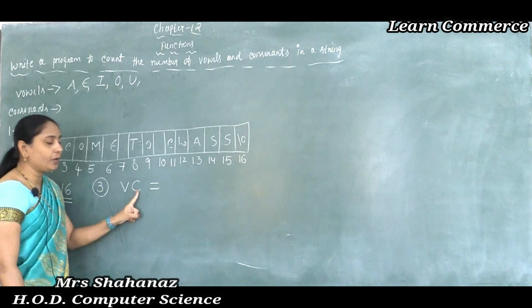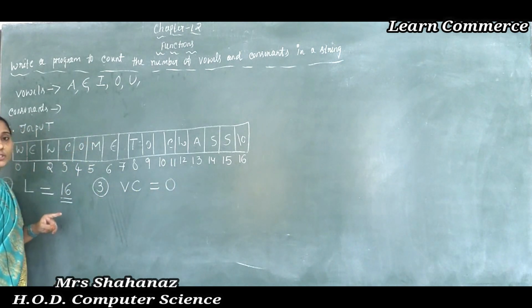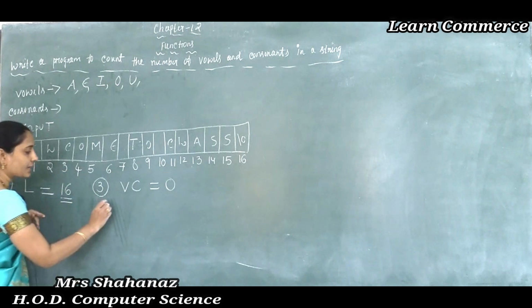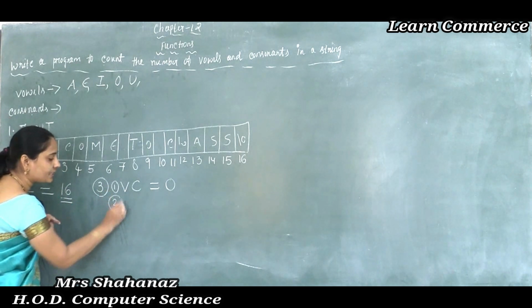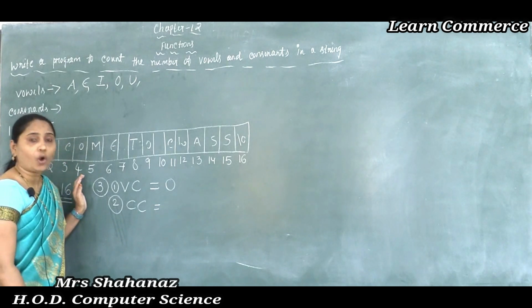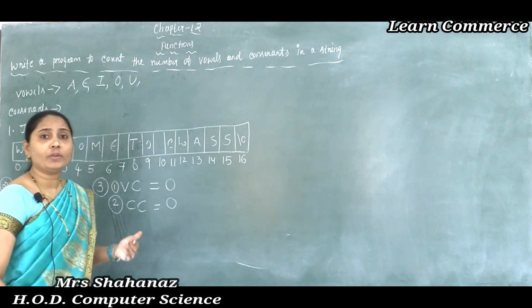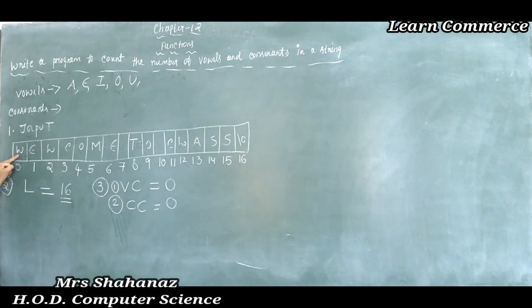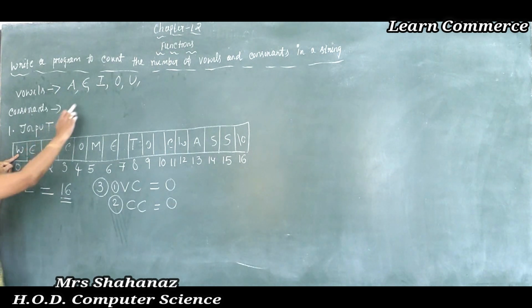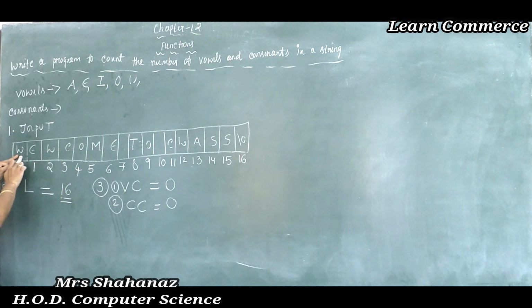So VC, the vowels count here, is first of all initialized to 0, and one more is there, that is CC. The full form of CC is consonant count, and it is also initialized to 0. First of all, when you check W, whether it comes under the vowels, vowels are A E I O U, that means W is a consonant.